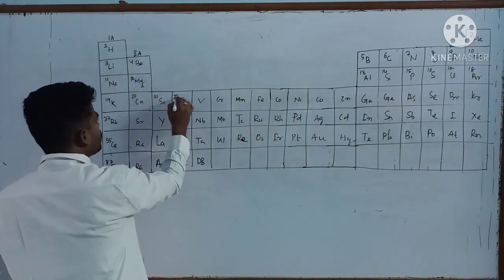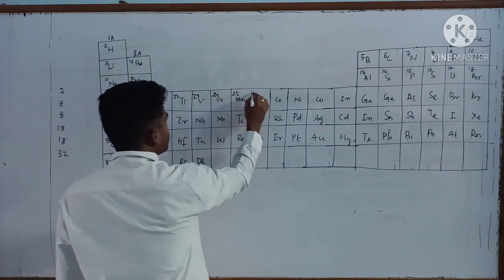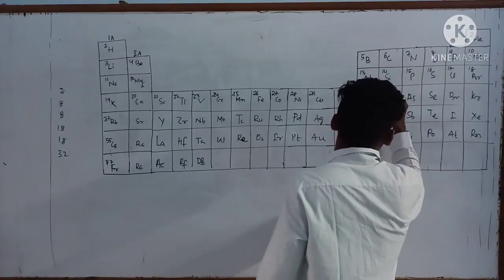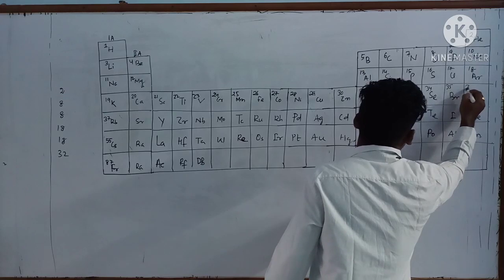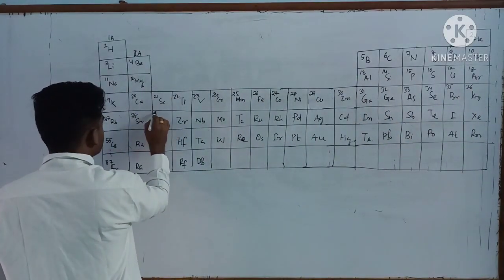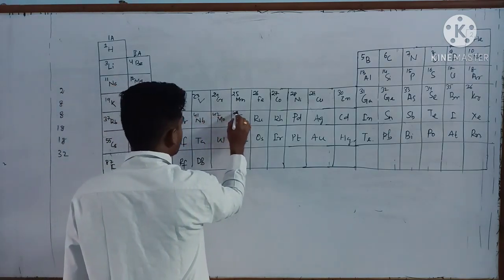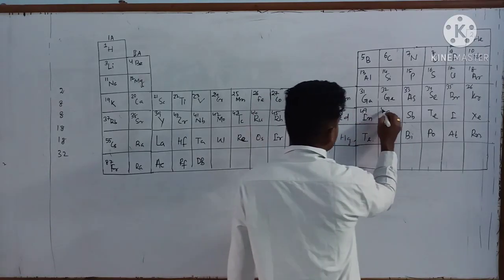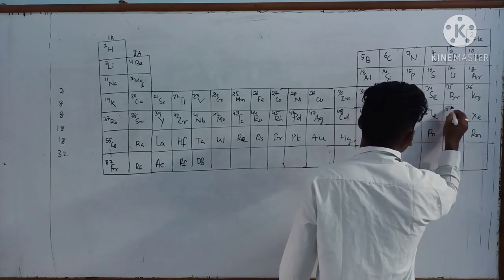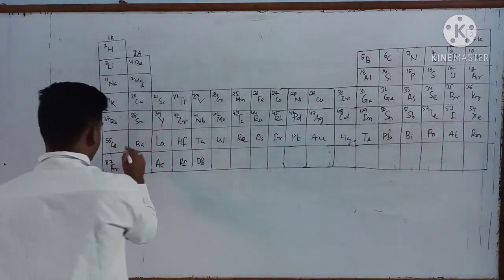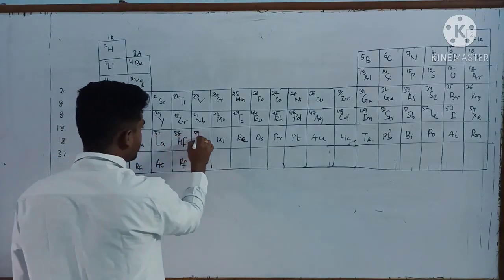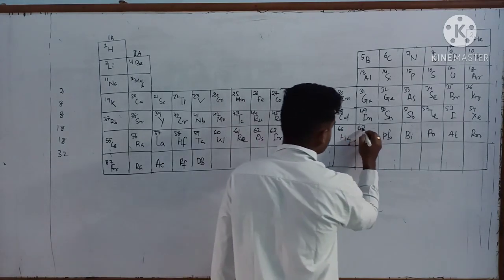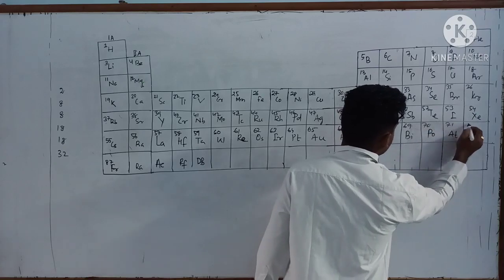Next 20, 21, up to 36, then 37 up to 54. Next 55, 56, 57, and so on.